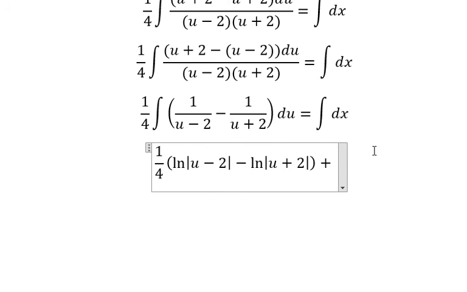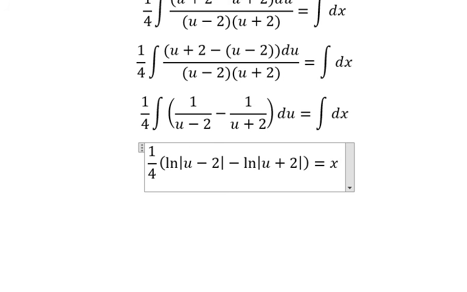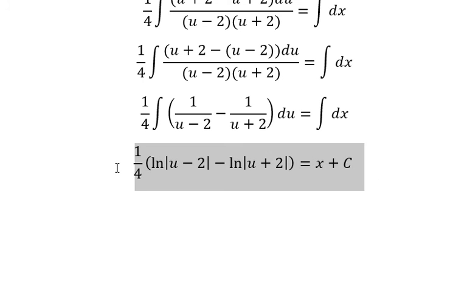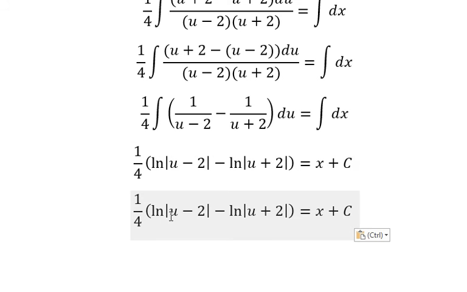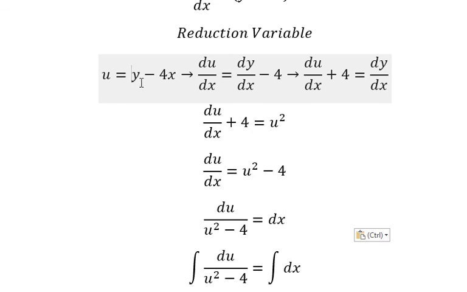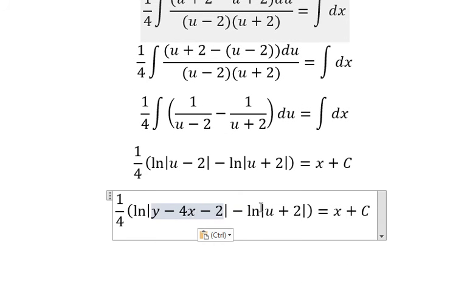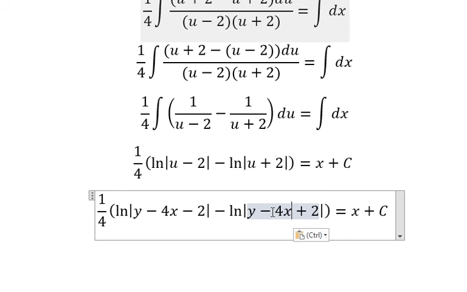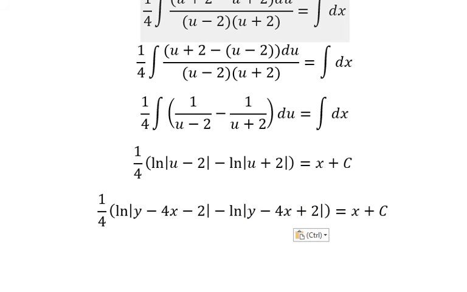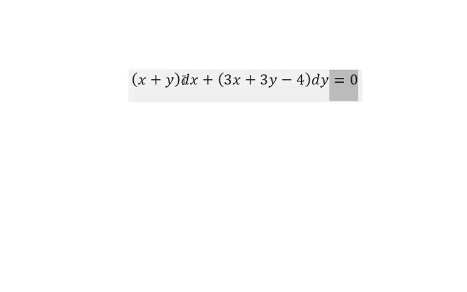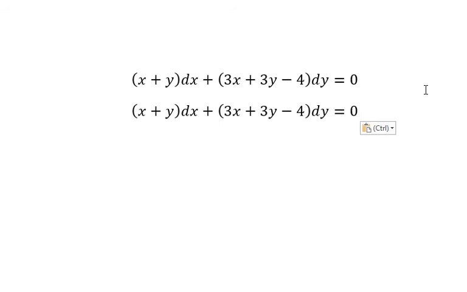The integration of ds, we have s, and we put c. About u, that is this one. And this is the final answer. Now let's go to the second one. We can do factorization by number 3.